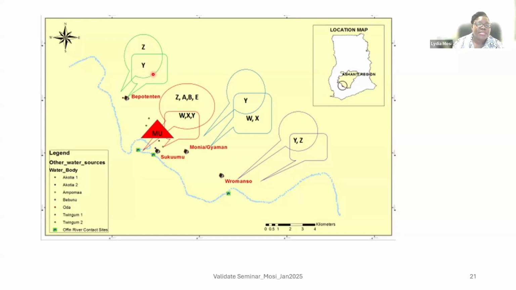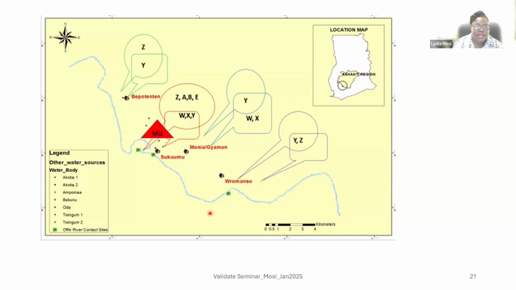Now, what is very evident in this is genotype Y. The VNTR profile genotype Y is the profile that was common, or should I say the most common, in both the environment and in humans in the areas that we sampled.